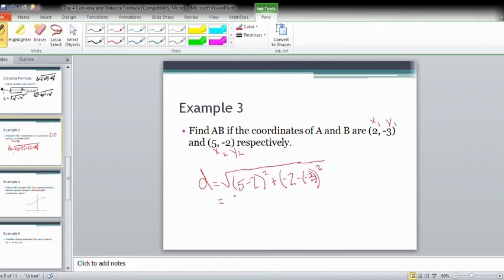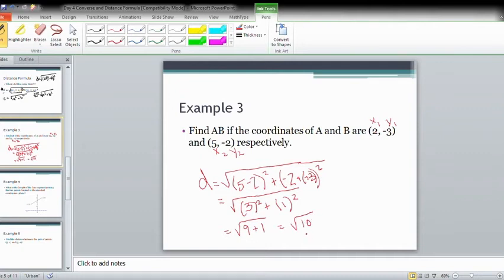Okay, PEMDAS, remember, so 5 minus 2 is going to be 3, and we still have to square that, plus negative 2 minus a negative is going to make these both positive. So negative 2 plus 3 is going to give me 1 squared. So now I have 3 squared is going to give me 9. 1 squared is going to give me 1. So I get the square root of 10.